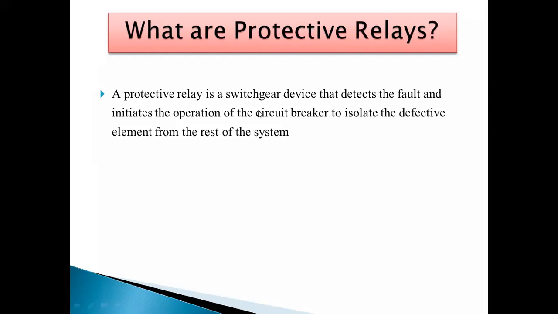And what this circuit breaker does, it isolates that faulty section from the other, the normal system here. Okay. So that our line or our system gets protected. So this is the switchgear device. Okay. So this relay is a switchgear device.